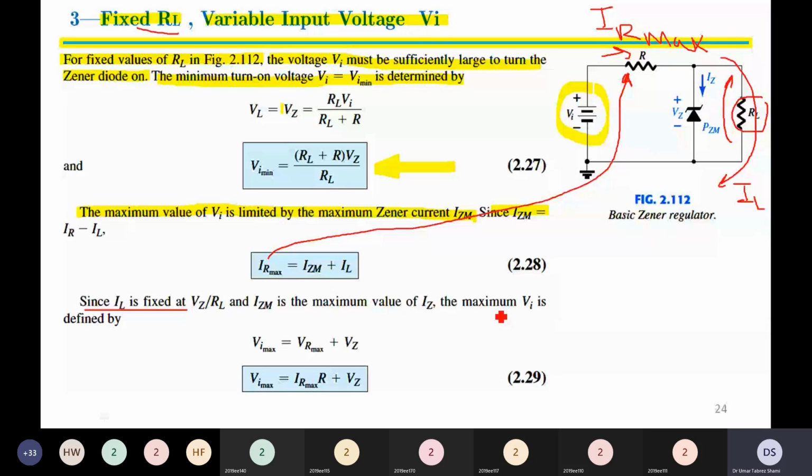And IZM is the maximum value of IZ. The maximum input voltage is defined by VI maximum = IR maximum × R + Vz.